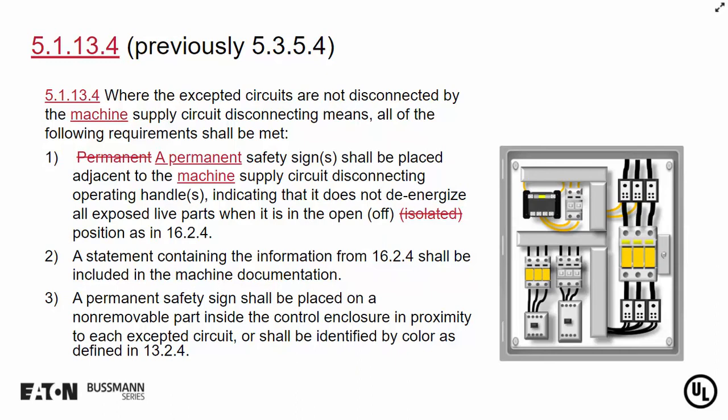Again, we require a statement in the documentation and then a permanent safety sign, as I mentioned in the previous slide, which is required to identify the parts of the enclosure or equipment that remains energized when the main disconnecting means is open, equipment that would be part of the accepted circuit.